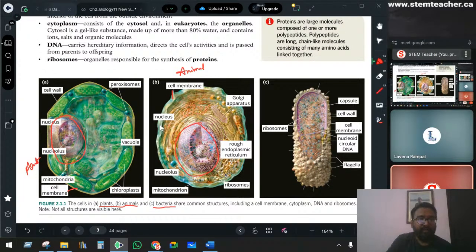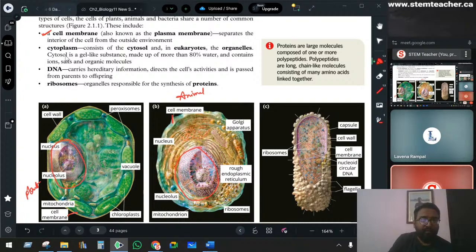And next, cytoplasm. Cytoplasm consists of cytosol and organelles. Cytosol is a gel-like substance made up of 80% water, and contains ions, salts, and organic molecules. Cytoplasm is a jelly-type substance inside the cell.